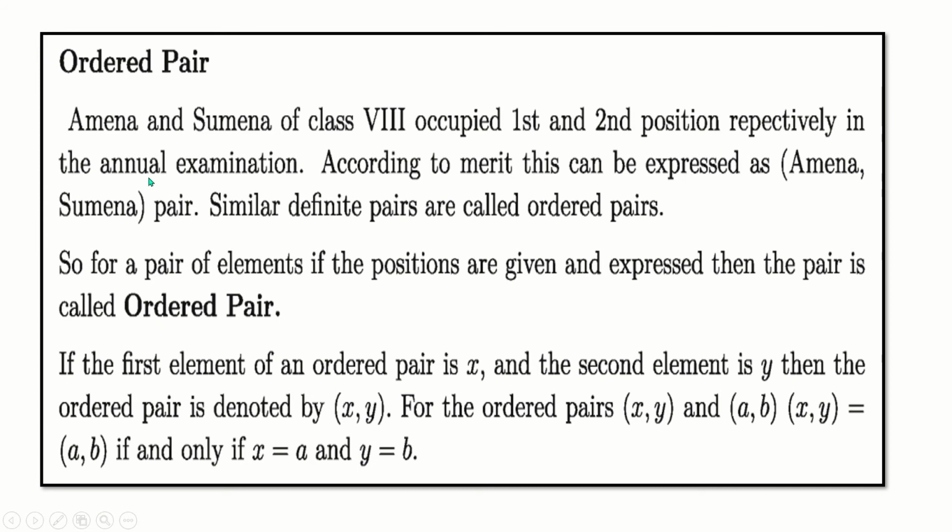Follow here. Amina and Sumena of class 8 occupied first and second position respectively in the annual examination. According to merit, this can be expressed as the Amina and Sumena pair.